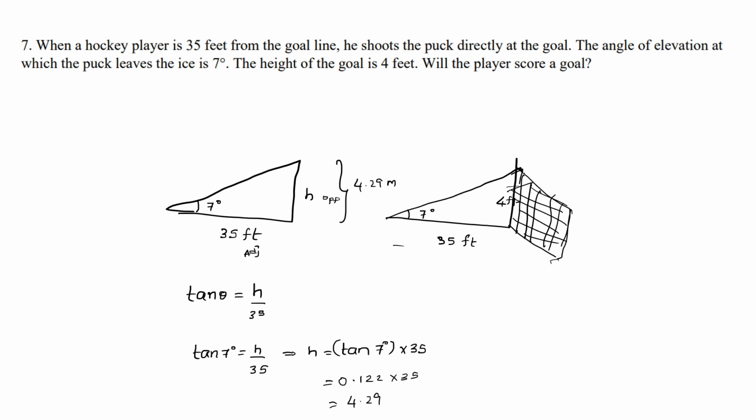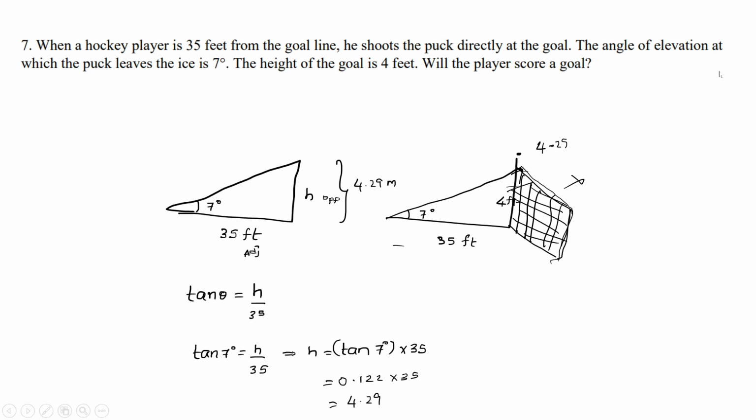Whereas the height of the goal is only 4 feet. If he kicks at an angle of 7 degrees, the maximum the ball reaches is 4.29, which is beyond the goal. So he cannot score a goal. So that's one important point.